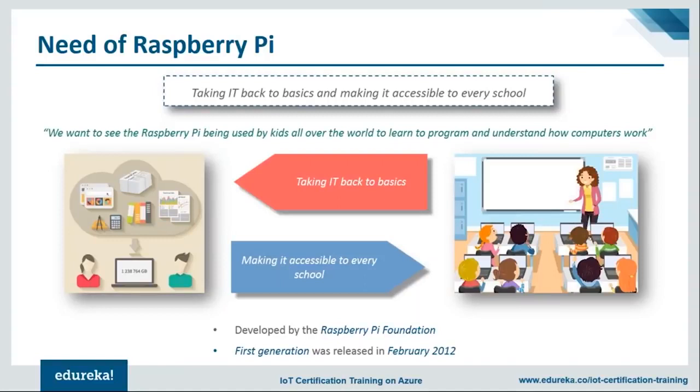But at the same time, this has made it harder for people to identify good programmers from those who are not. So in order to build a generation which starts with a very strong programming foundation and fundamentals, the main ideology was to take IT back to the basics and make it accessible across every school. As I said, it was introduced by the Raspberry Pi Foundation in 2012.